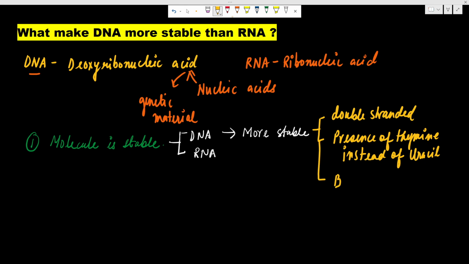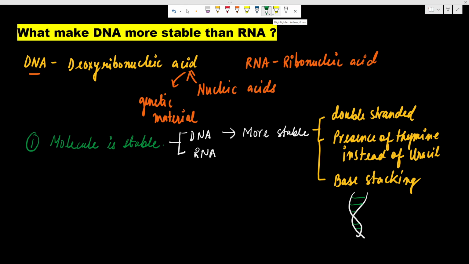Next, the base stacking. So as we all know, DNA is double stranded like this. All of us are familiar with this double helical structure. So we know that hydrogen bonds help in keeping these double helical structures together, right? And thymine is present as one of the nucleotides which makes up the DNA molecule.